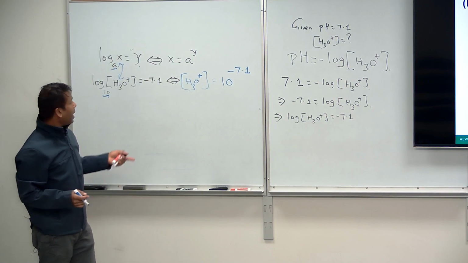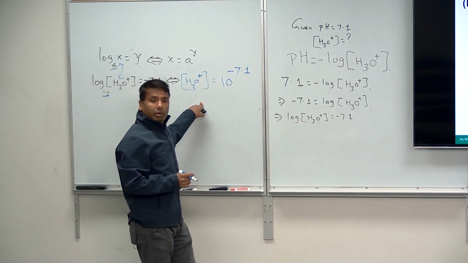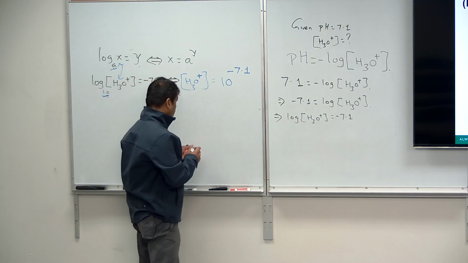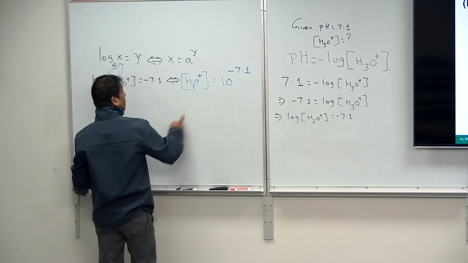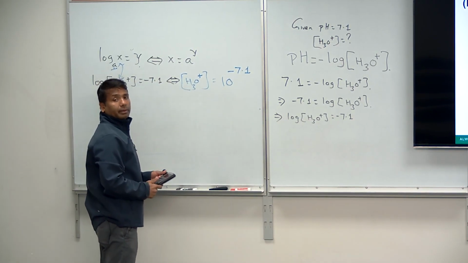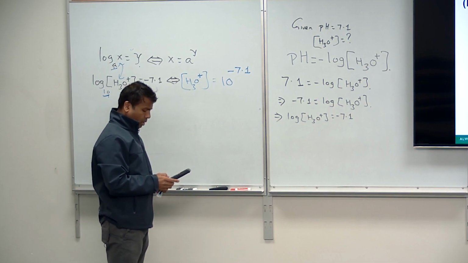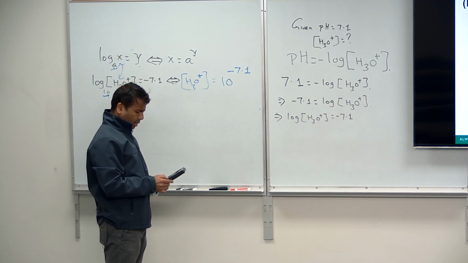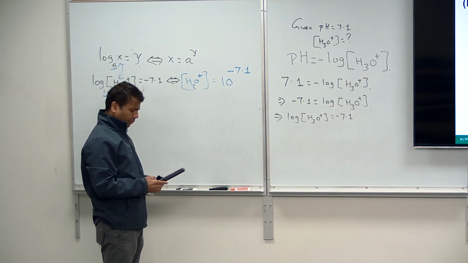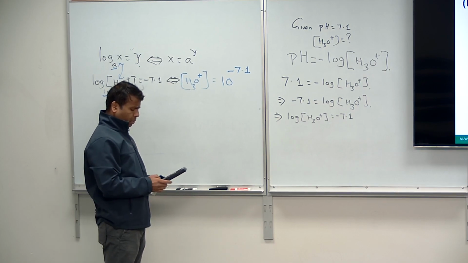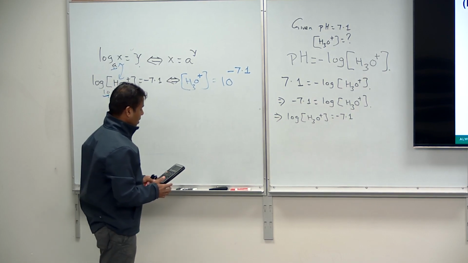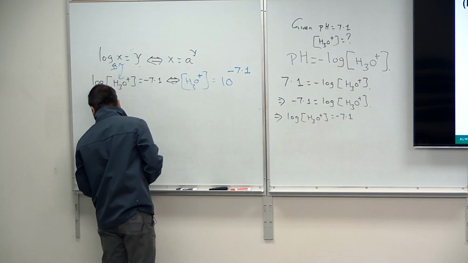And you are supposed to find the value of what? The hydronium ion concentration, right? So you just use the calculator. 10 to the power negative 7.1 is equal to, what did you get guys?